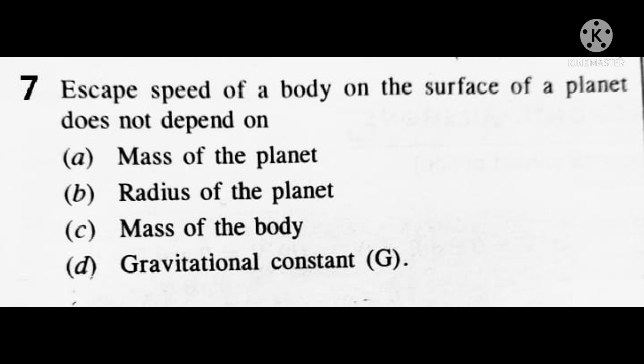So in this question there are 4 options. Out of these 4 options, C is the correct option. The escape speed of a body on the surface of a planet does not depend on the mass of the body. So here C is the correct option.